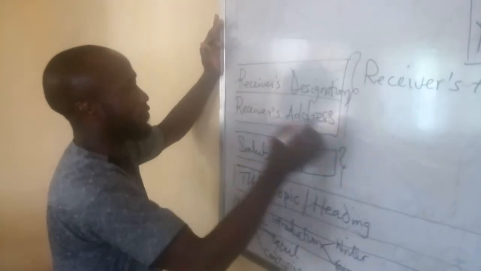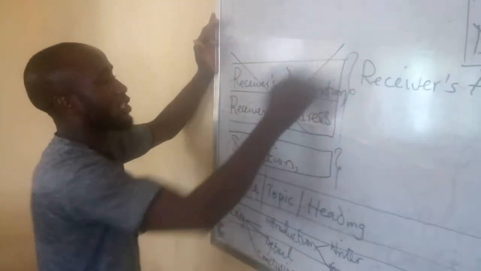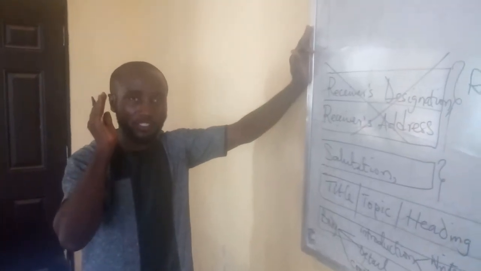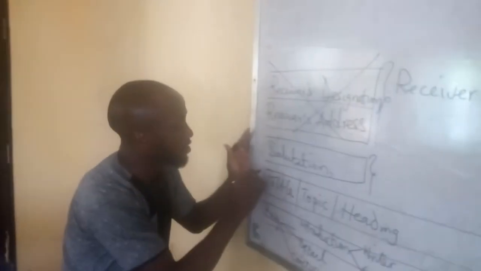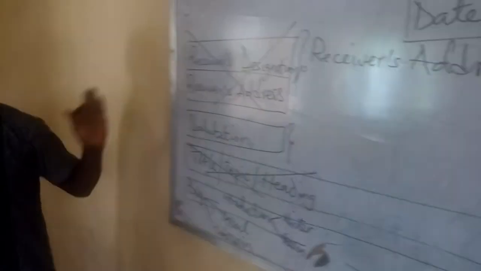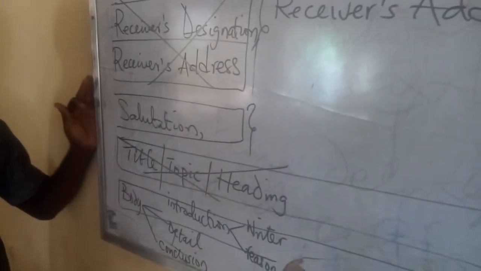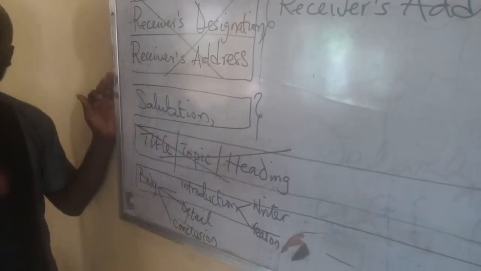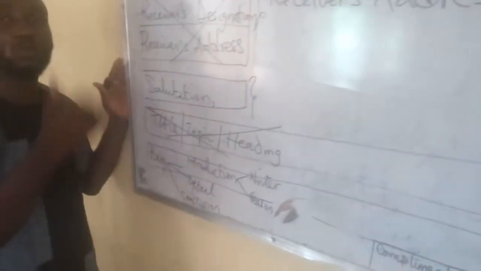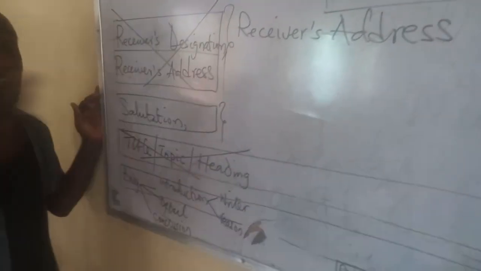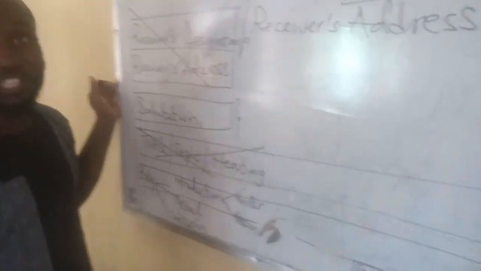First, if you're going to write an informal letter, you have to take this off completely, and most informal letters do not concern themselves with this. What is this part? We call it the title or the topic or heading. We don't need it when we come to an informal letter. You don't need to be formal in any case when you're discussing with somebody you're familiar with.